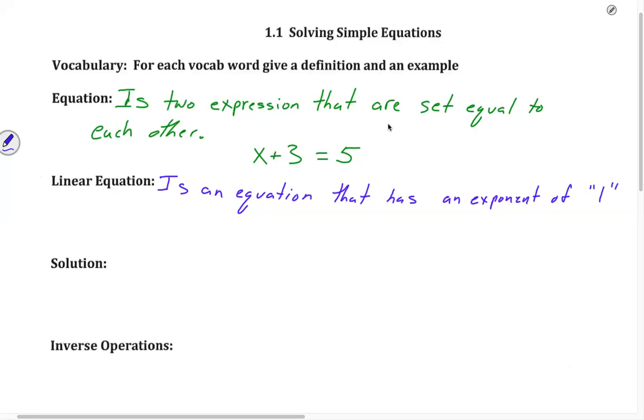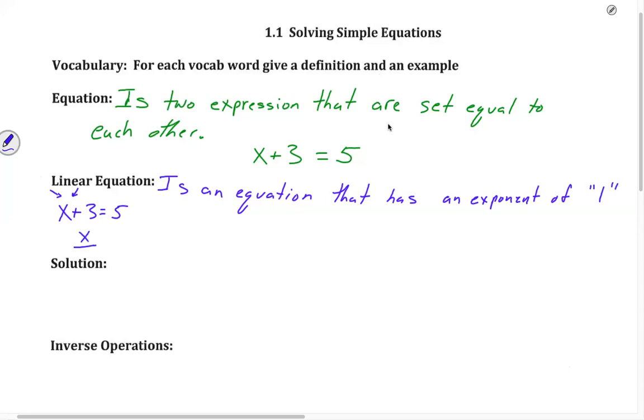Now, that's not totally mathematically correct, okay? But for you guys, it'll make sense. So let me give you an example of a linear equation. That's x plus 3 equals 5. Linear. Notice up here, there is no exponent. It's not 0, it's considered to be 1, okay?